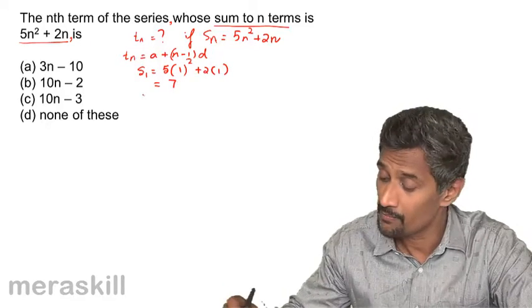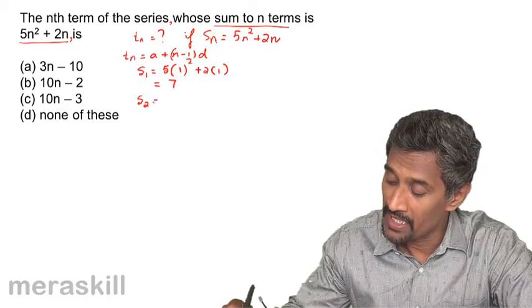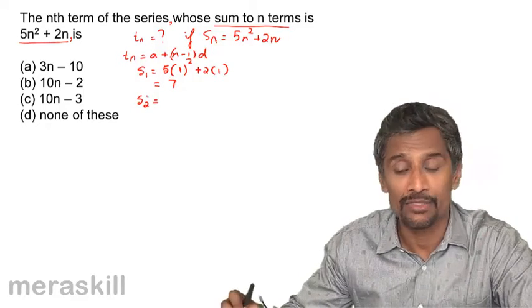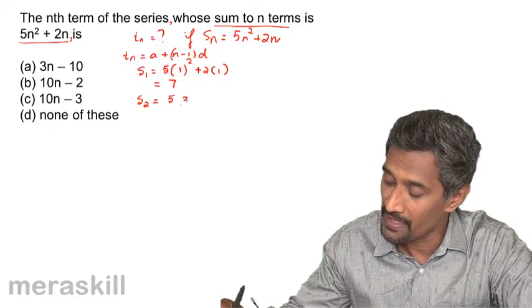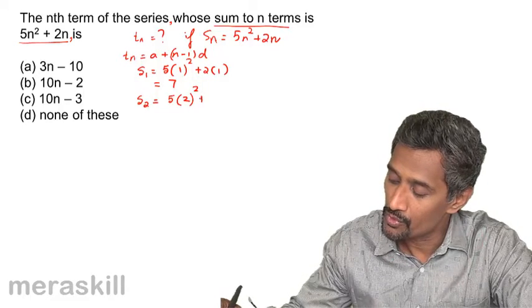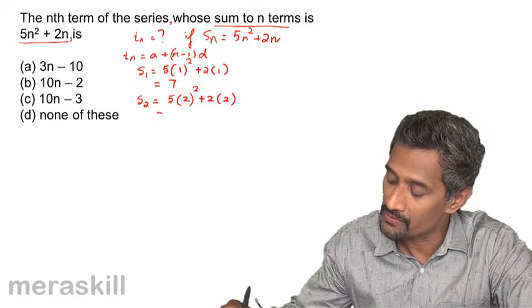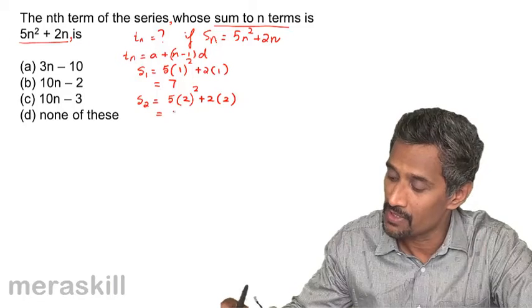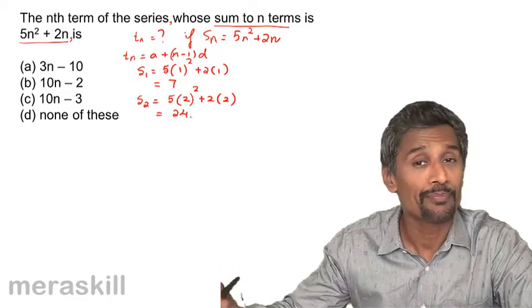that is 5 plus 2, 7. S2, which would mean the first term added to the second, is going to be 5 into 2 square plus 2 into 2, that is 5 fours are 20 plus 4, 24.